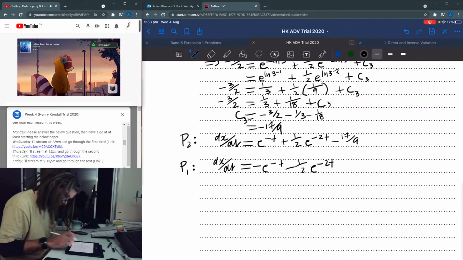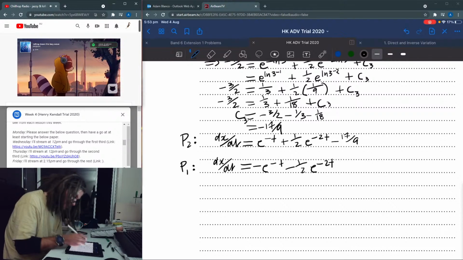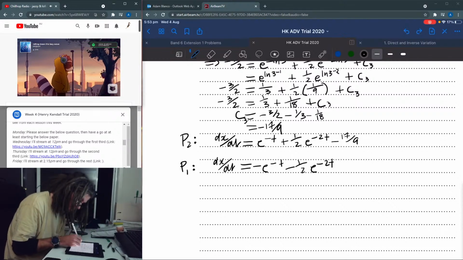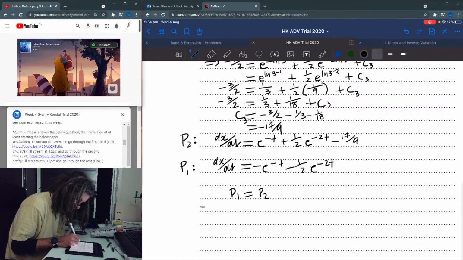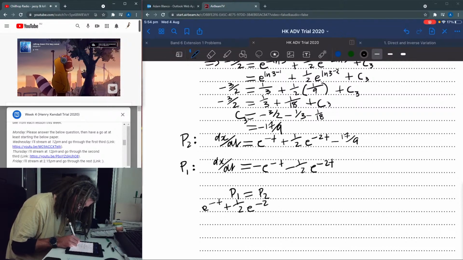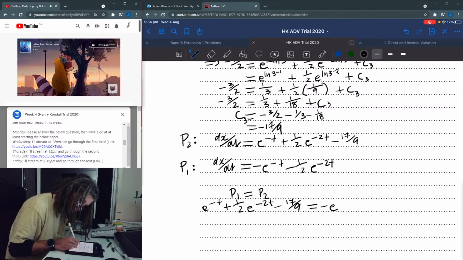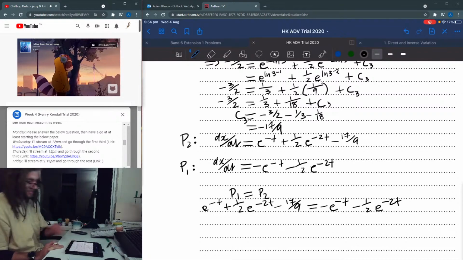Yeah, okay. Now, if I want to know when they're the same velocity, I set them equal to each other because they're the same thing. So I'm going to go P1 equals P2, which is minus e to the minus t plus 1/2 e to the minus 2t minus 17 on 9 equals minus e to the minus t minus 1/2 e to the minus 2t.